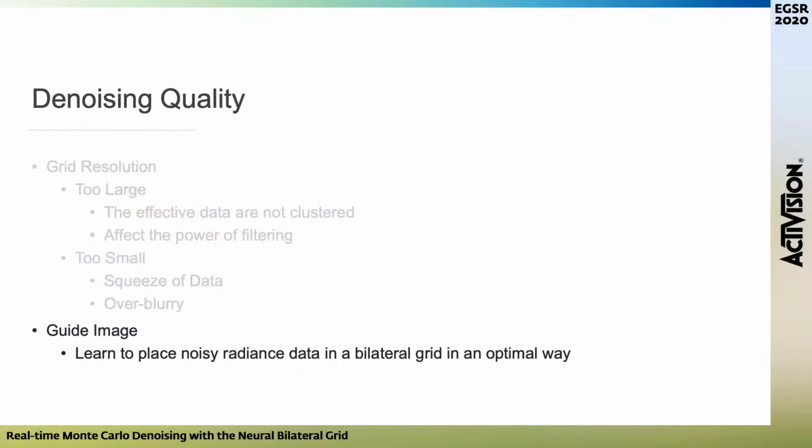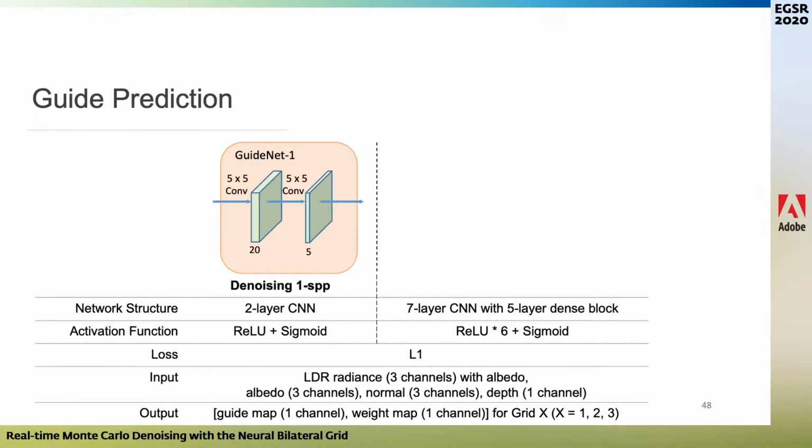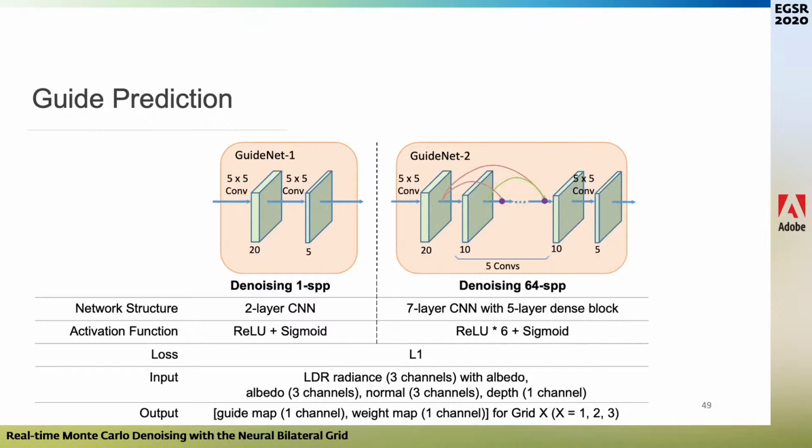Another key factor for the denoiser is a guide image. Instead of manually crafting a guide, we propose to use a neural network to learn to place the noisy irradiance data into the bilateral grid in an optimal way. For denoising one SPP input at real-time speed, we use a 2-layer convolutional neural network as shown on the left. For denoising 64 SPP inputs that are not produced in real time, we utilize a 7-layer convolutional neural network that contains a 5-layer dense block as shown on the right.